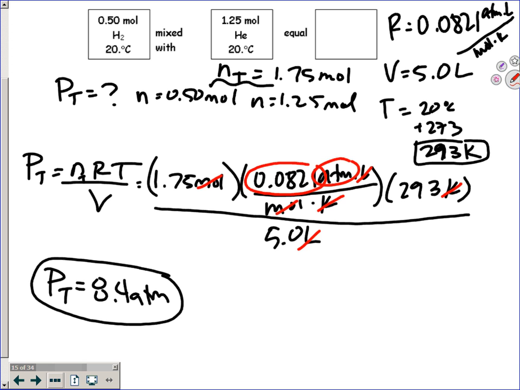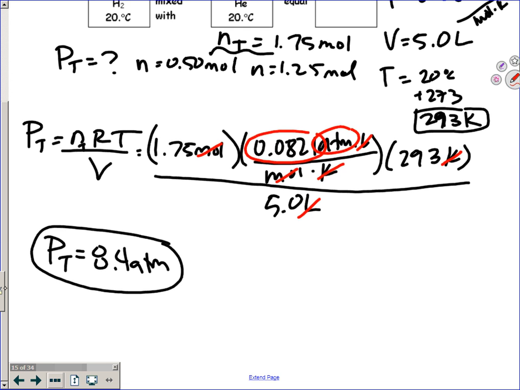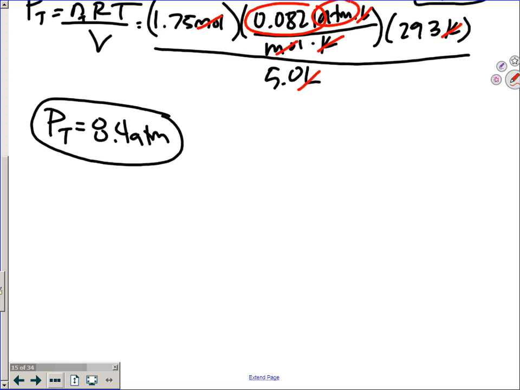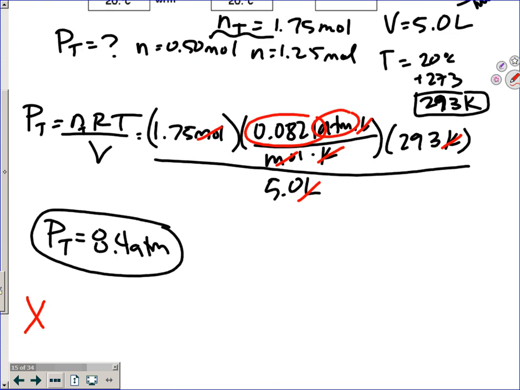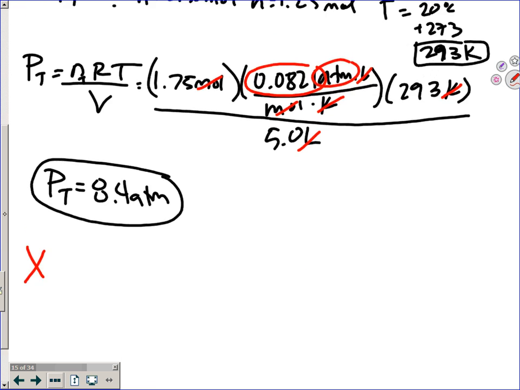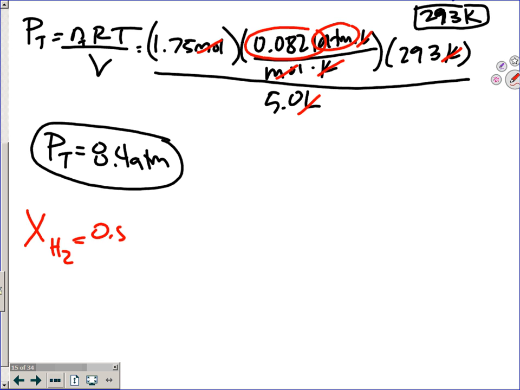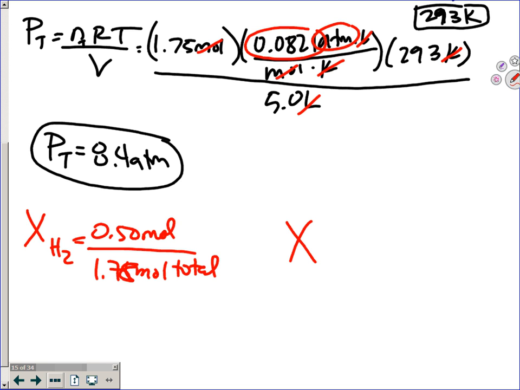Okay. So now, how do I get partial pressure from the total pressure? Let's do mole fraction. This is a practice. So what's our mole fraction for hydrogen? 0.5 moles over what? 1.75 moles total. And what's our mole fraction for the other one? Helium.